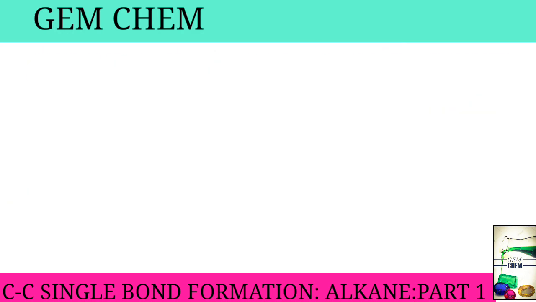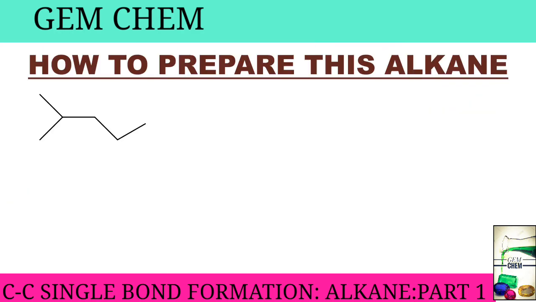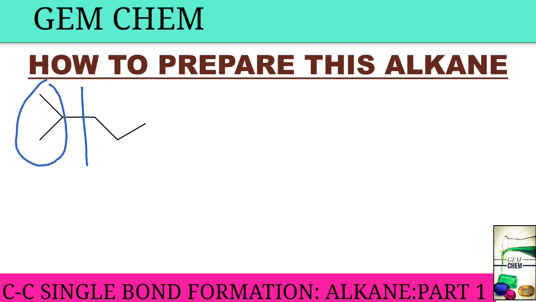Now let us see how to prepare this one. Again, we will cleave the bond which is most of all in between the molecules. So we cleave this one. Now which is the bulky group? This is the bulky group we see. So we will take it as our copper lithium reagent, that is Gilman reagent, and the other part as another alkyl halide.